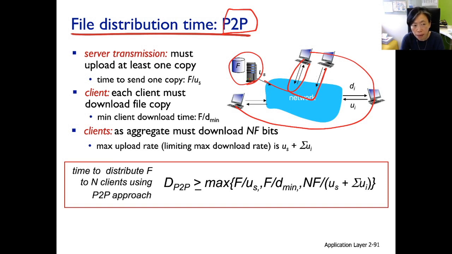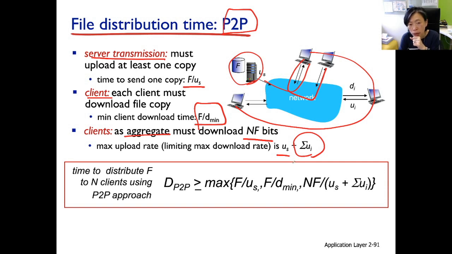Now, for the server transmission time, the optimum is just to send one copy on the uplink, so F over u_s. For the client, in case it's the bottleneck, it's going to be bounded by F over d_min, which we explained. And the clients overall, as an aggregated system, must download NF bits, and the maximum upload rate is the sum of all the uplinks of all the users plus the uplink capacity of the server.